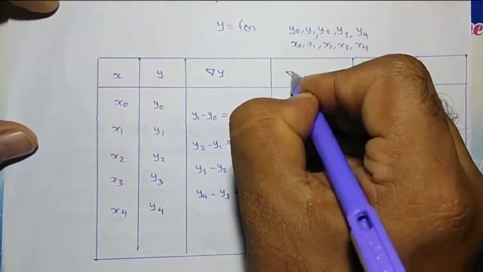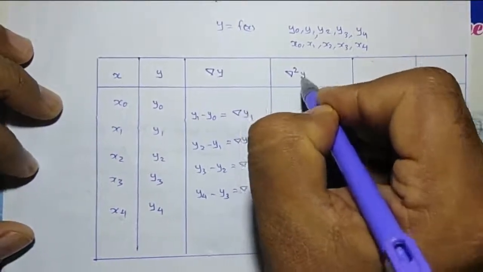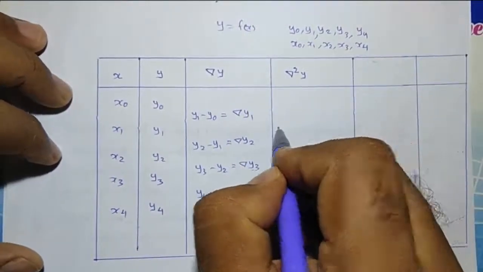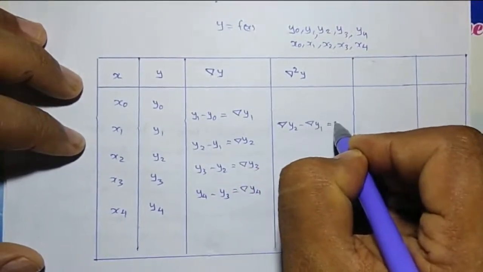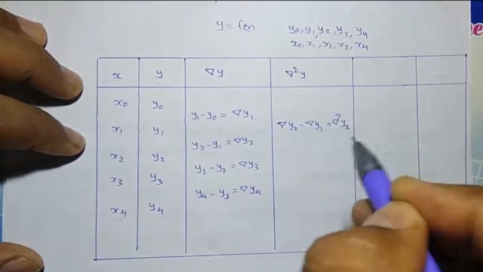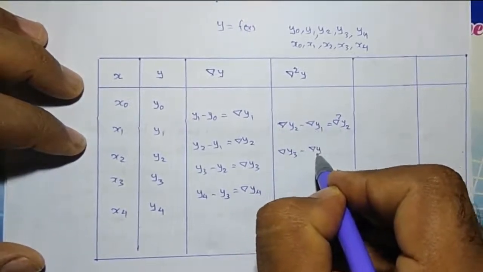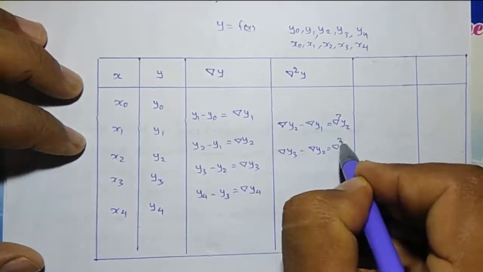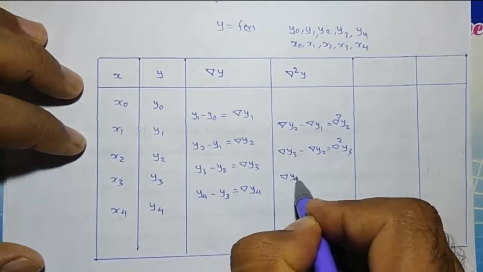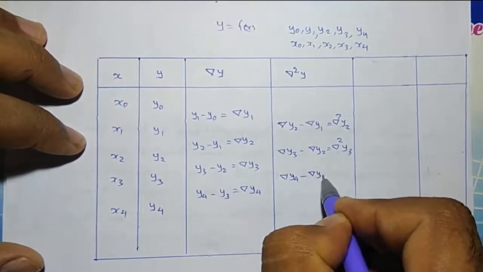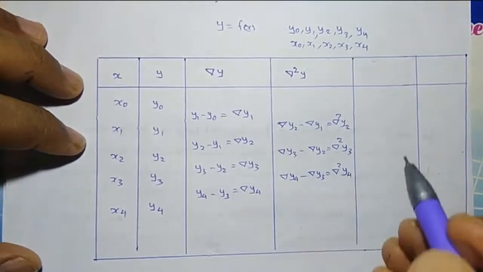The second backward differences are nabla square y, of which the first one is nabla y2 minus nabla y1, which is nabla square y2. Then nabla y3 minus nabla y2 equal to nabla square y3, and finally we have nabla y4 minus nabla y3 equal to nabla square y4.